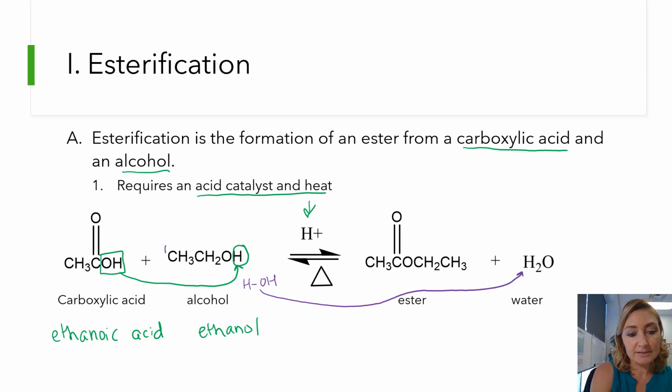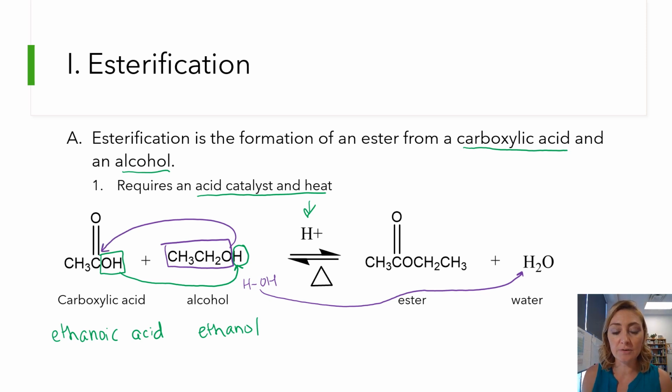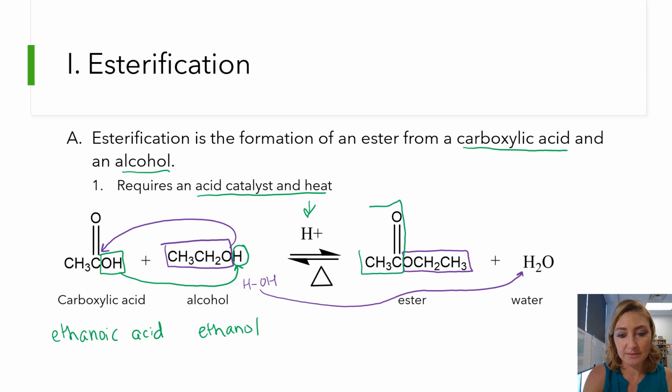The alcohol has lost its hydrogen, so this portion right here, starting with the oxygen, is going to attach to the carbon with the carbonyl. Here is what was my alcohol, and here is what was my carboxylic acid. Those are going to come together and they will form an ester bond.